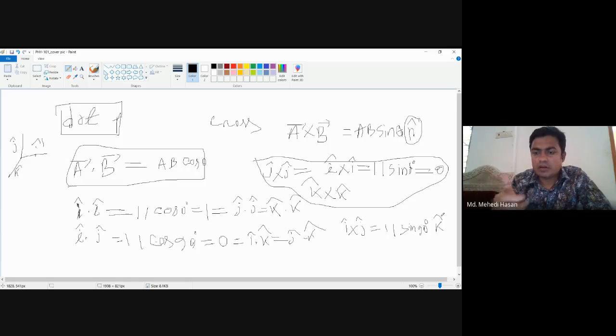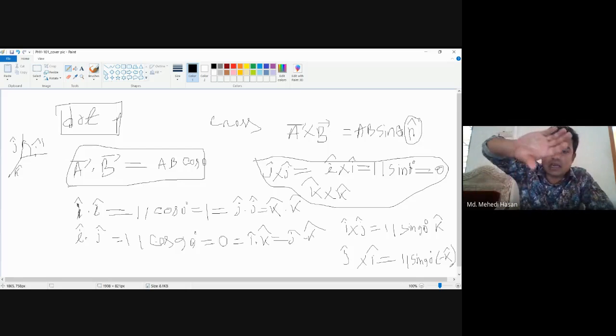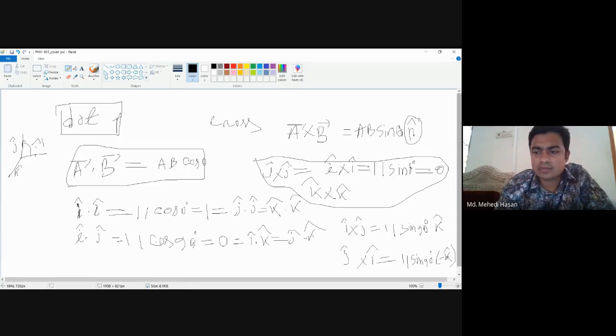If you move i to j, the thumb represents the remaining vector, so the vector is k. But for j cross i, it is 1 sin 90 degrees, but the vector will be minus k, because moving j to i goes downward.